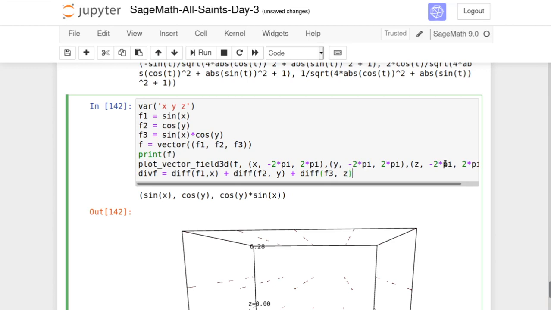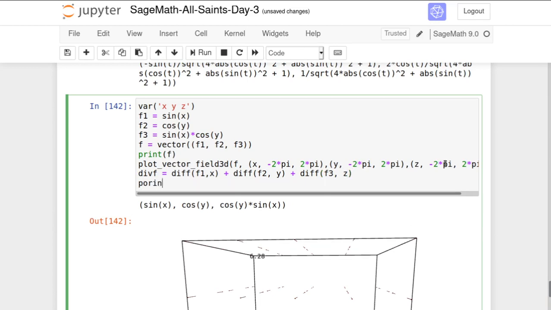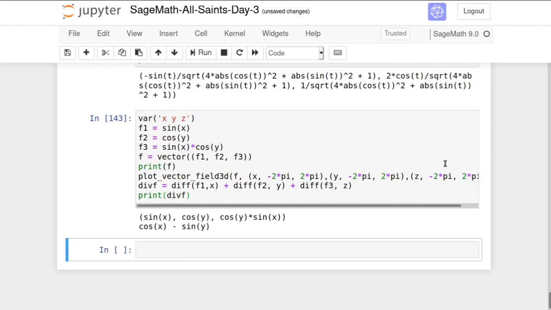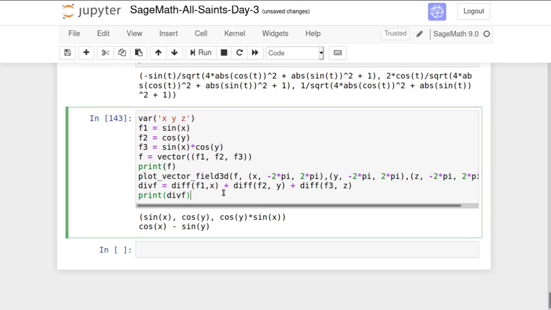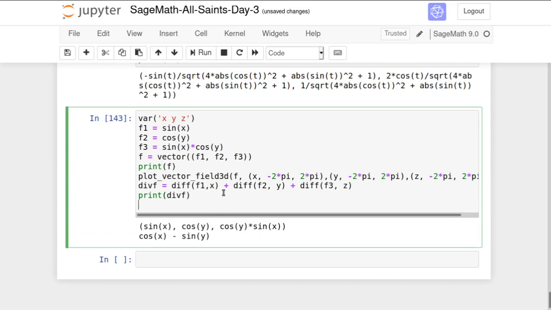And let us see the output now. We differentiated all these component functions, and the print gives div f to be equal to cos x minus sin y. Now if you want to find the divergence at one particular point, we may substitute with the values.